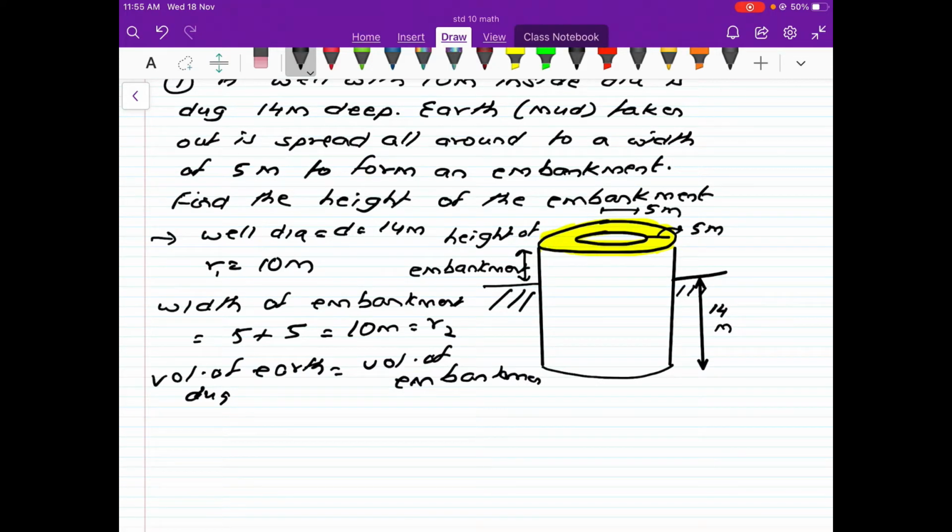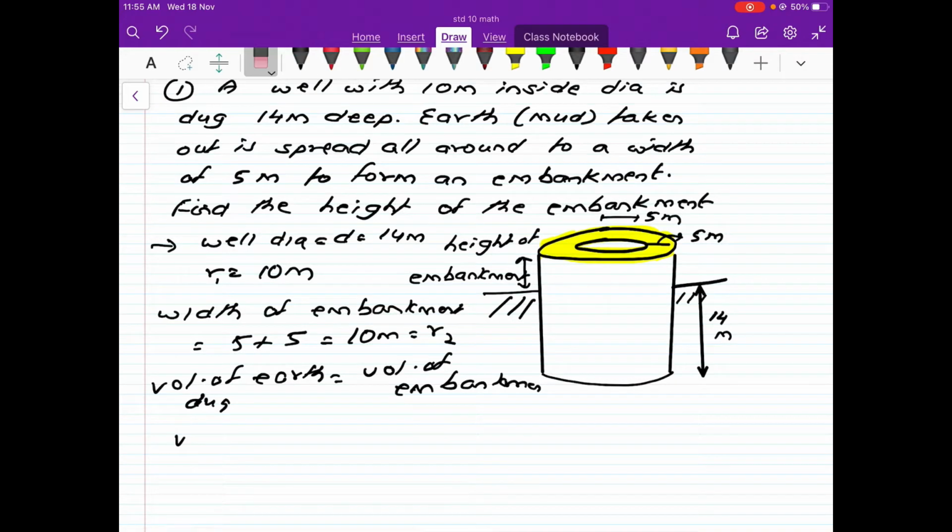So here we will write. Now this volume of the earth dug, remember this is a cylinder. So this will be pi r1 square h1. This is equal to the volume of the embankment. Now remember this is a circular ring.